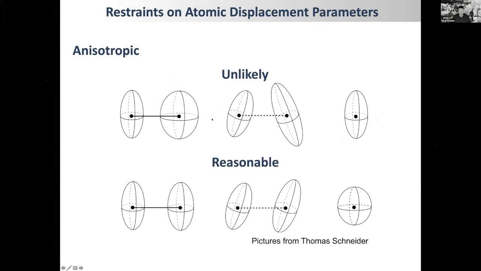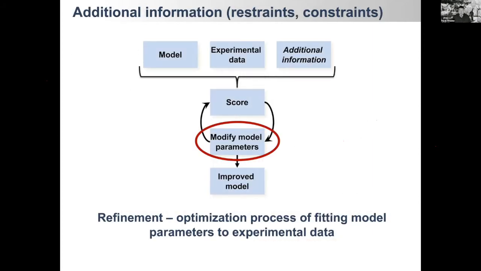For example, it is nearly impossible for atoms to move in such a way. So there are restraints on sphericity and so on. If the data isn't good enough, your atomic B factor may refine to something that looks physically implausible, like a long stick or plate or something else. Okay, moving on.